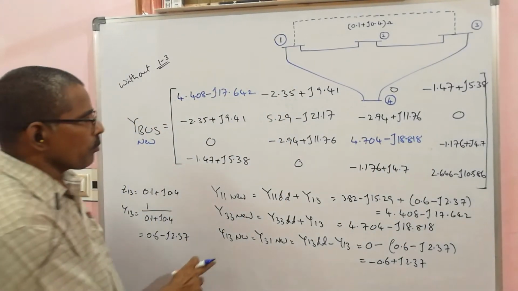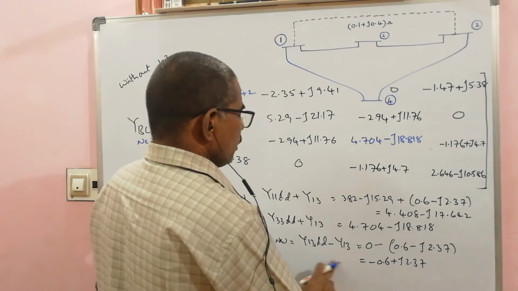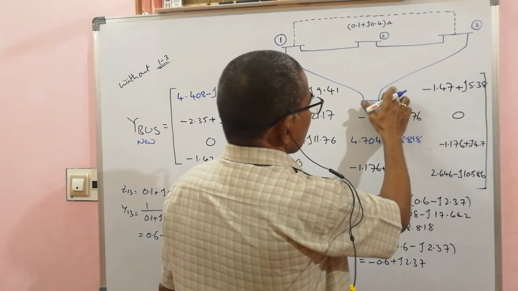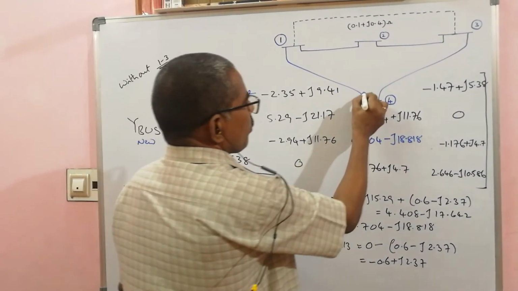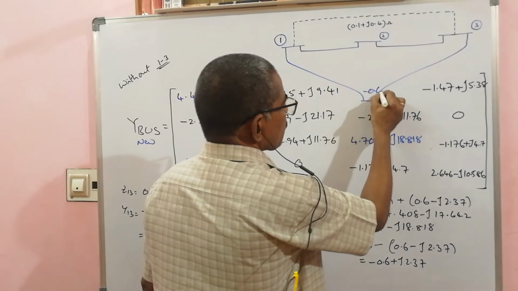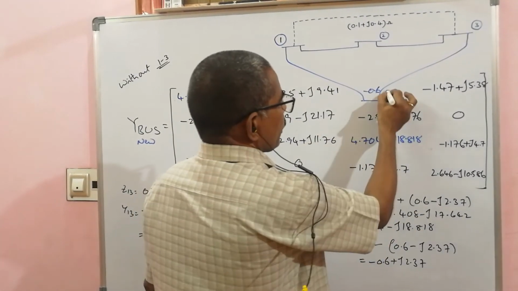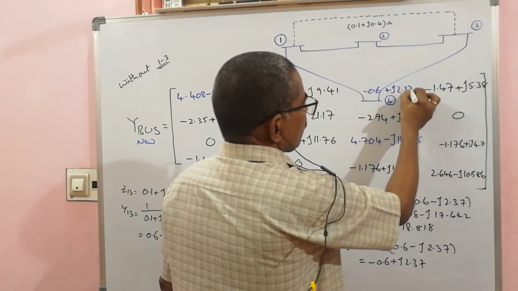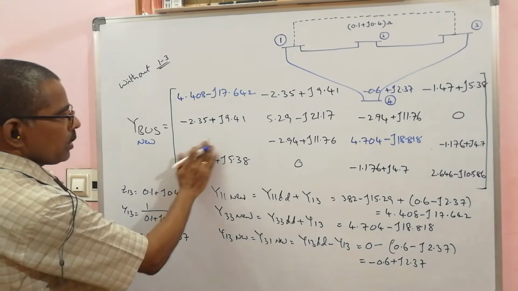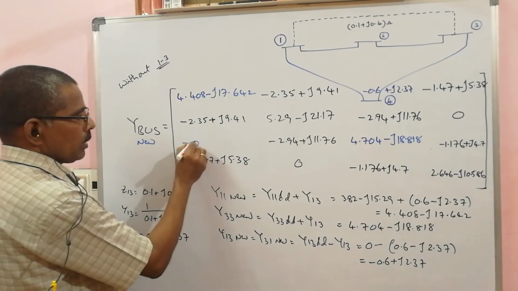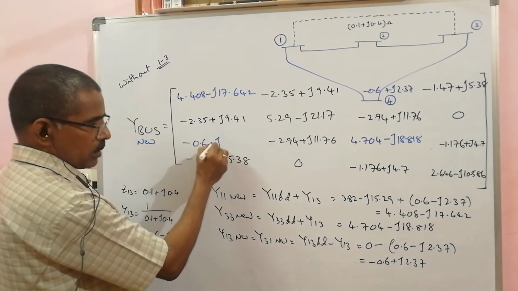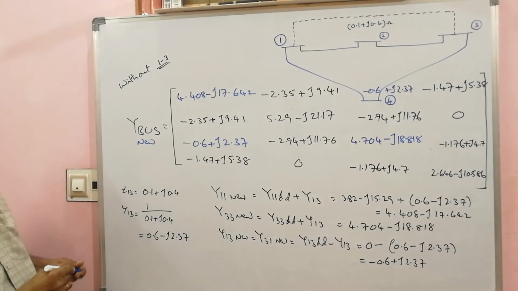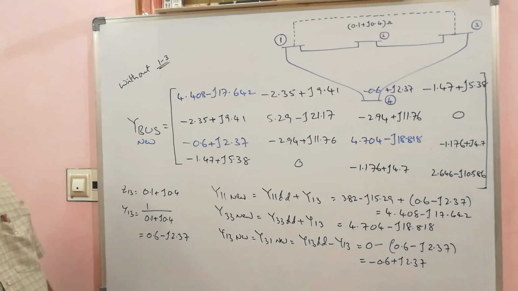Okay. Then Y13 and Y31. So Y13 earlier it is 0, but now it is minus 0.6 plus j2.37. Similarly here minus 0.6 plus j2.37. So this is Y bus new.